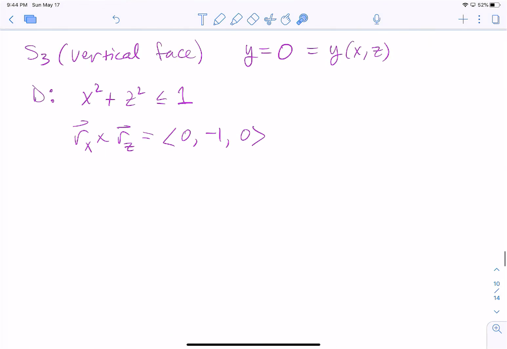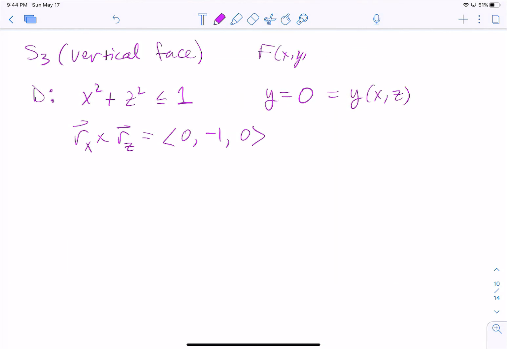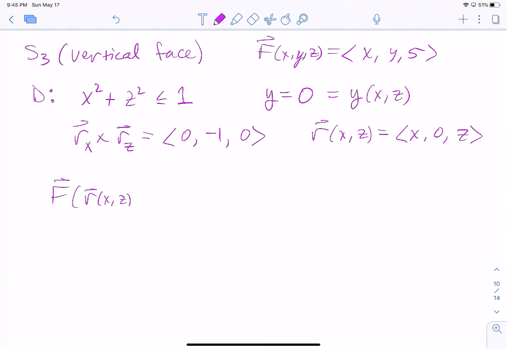Now for S3. Same F, right? F of x, y, z, make sure that's a vector F, is equal to x, y, 5. I think I have it memorized by now. But again, a different r. I kind of didn't write down r. So r of x, z is going to equal, really, x, 0, z. So F of this r of x, z is equal to x replaces x, 0 replaces y, nothing replaces 5, so we get x, 0, 5.